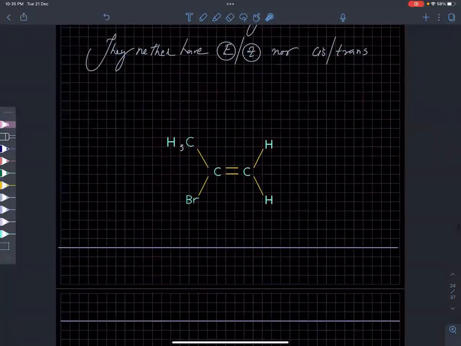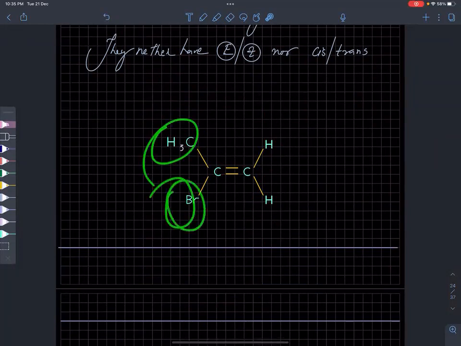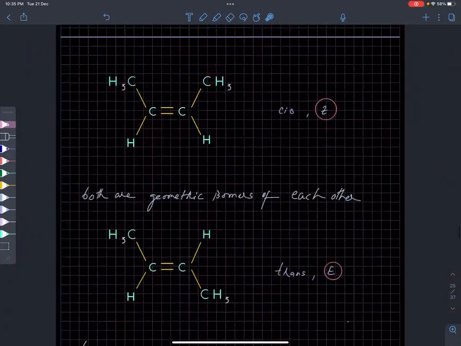What about this? No. Why? Same groups. Clear? Same hydrogens, it doesn't matter. This one has different groups. If any carbon has the same groups, then it doesn't exhibit geometric isomerism. Clear?